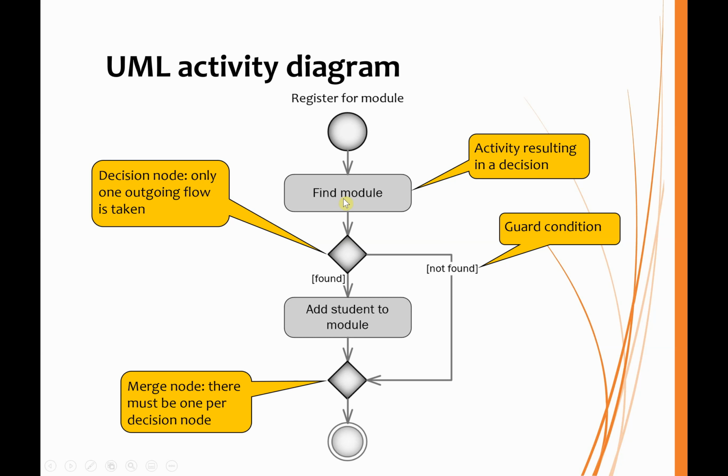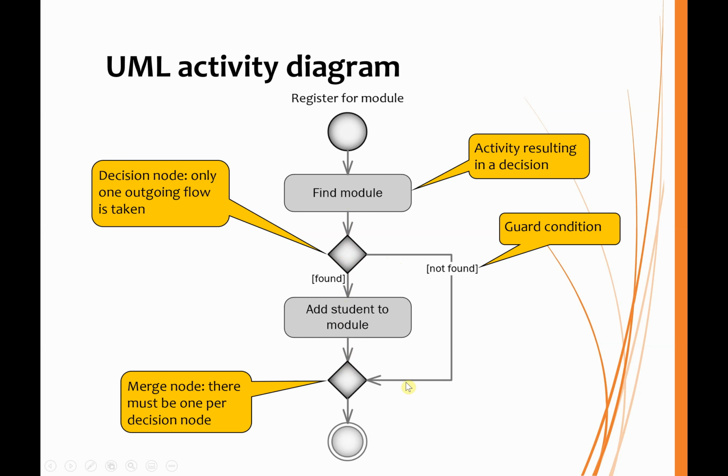Now, find module is going to result in a decision. Either we find it or we don't. And so after this action, we're in a position to make a decision. And so this is a decision node, and every decision node has a corresponding merge node. You can see that the decision has one route in and multiple routes out, whereas the merge is the other way around.